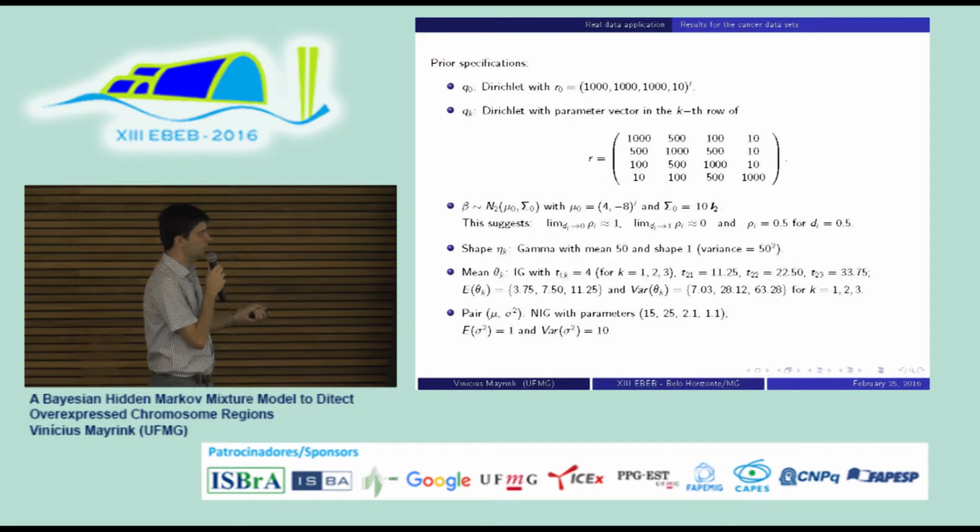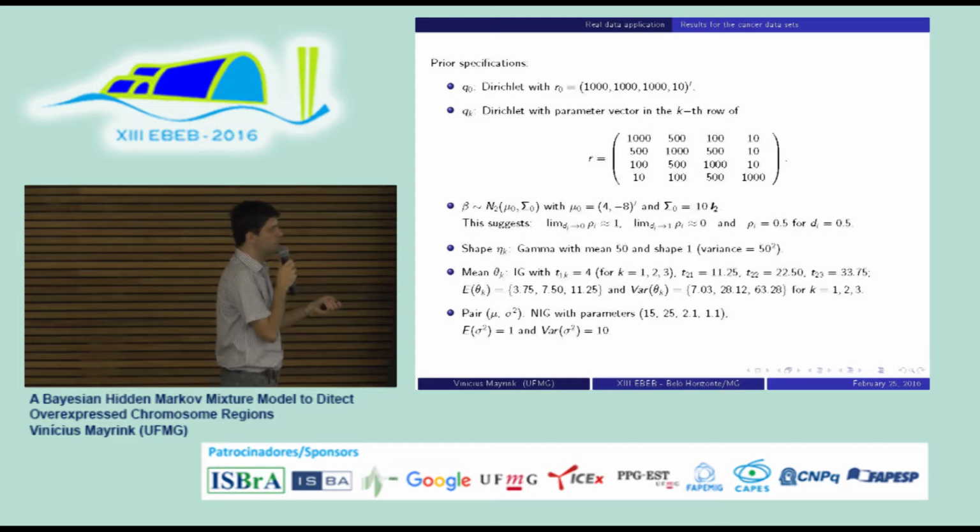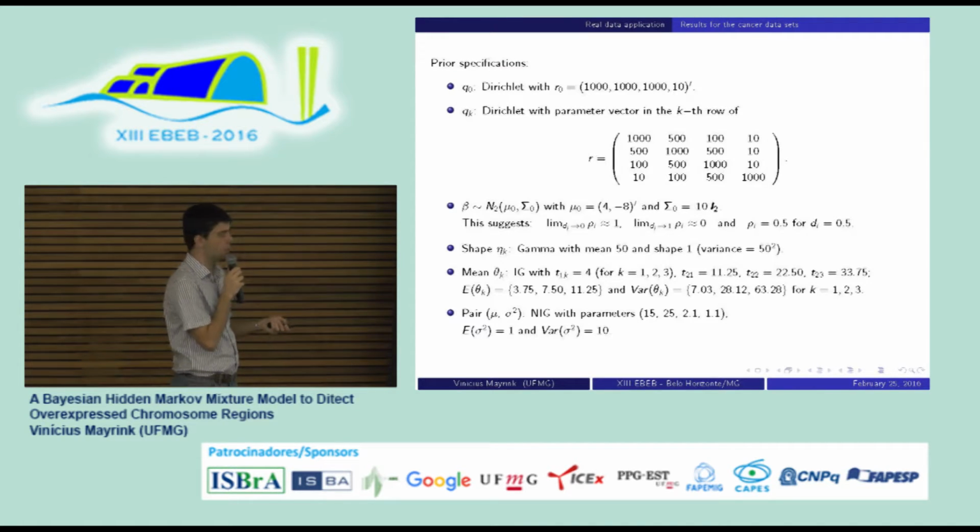As you see, in the main diagonal we have the largest values. It's hard to move to the normal component, and if you are in the normal component, you can leave it more easily than entering it. So it's easier to move to the next cluster than to move to a cluster far away.